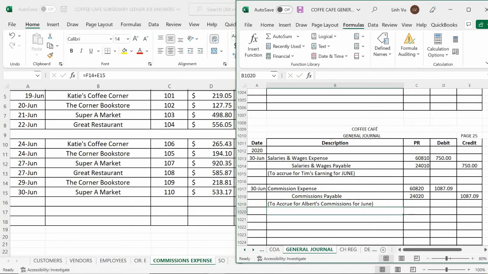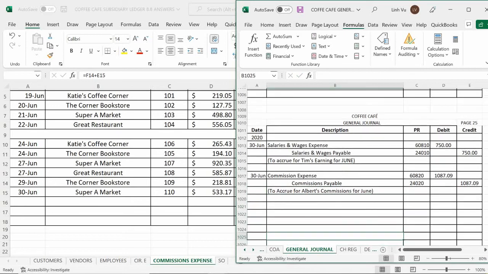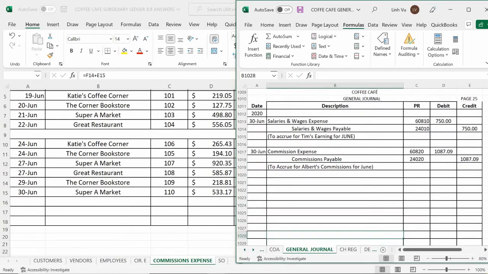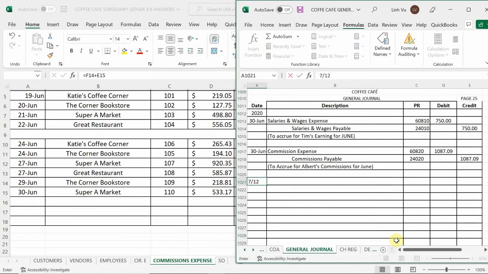Now, what happens when I need to pay my employees? So let's say, fast forward, it's now June 12th when you need to pay them. You're going to do, as usual, the salaries and wages expense for the remainder of the week, for the week of July. And then you're going to counter your salaries and wages payable, because you're going to take the money that you owe.